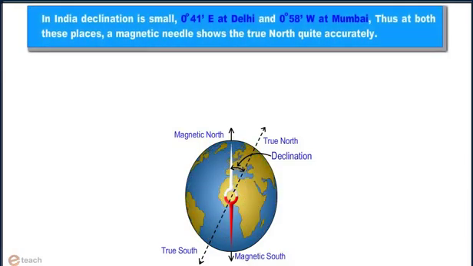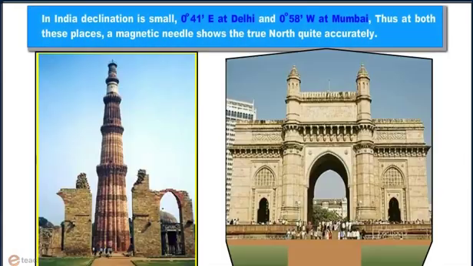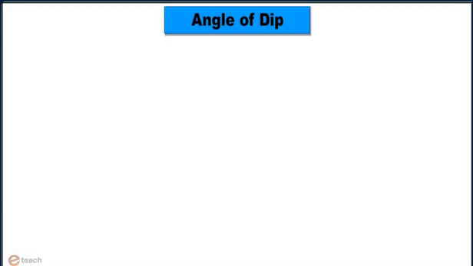In India, declination is small, that is 0 degree 41 minutes east at Delhi and 0 degree 58 minutes west at Mumbai. Thus, at both these places, a magnetic needle shows the true north quite accurately. Angle of dip.